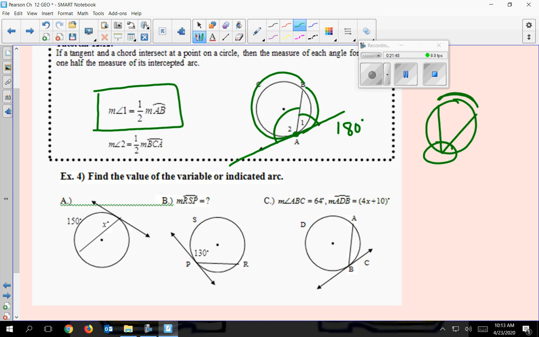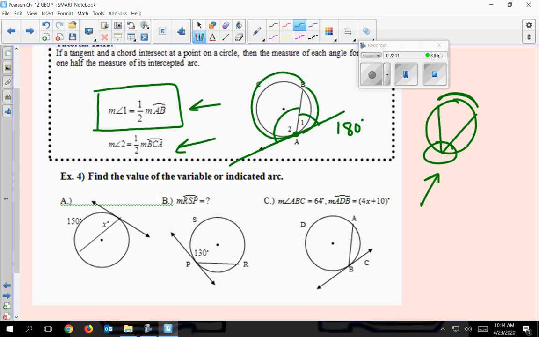It's ACB or BCA, whichever way. So I'm really getting the whole circle from those two arcs the way that this one's drawn, okay? But I want you to get that the formula right here and right here is the same thing that we did earlier, okay? So it's just drawn differently, okay?